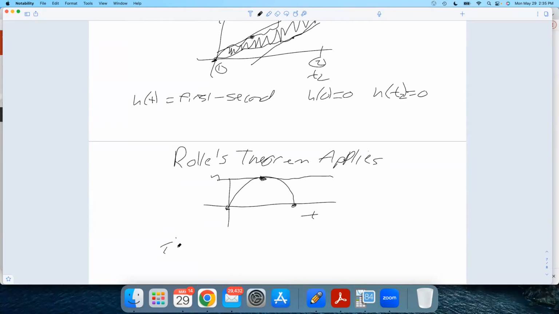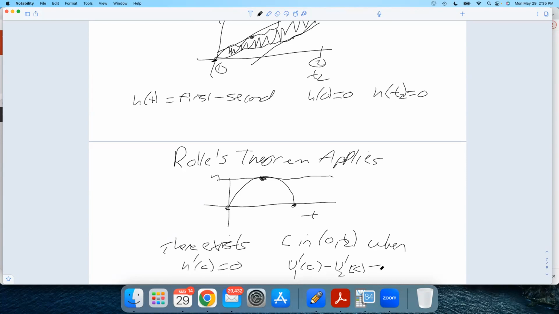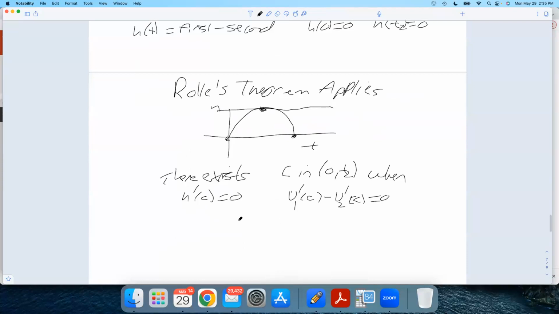So there exists some c in the time interval from 0 to t2 when h prime equals 0. That means the speed of the first minus the speed of the second at that moment c is 0, or in other words, they have the same velocity at that time.